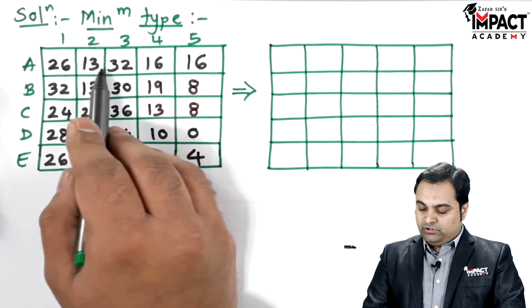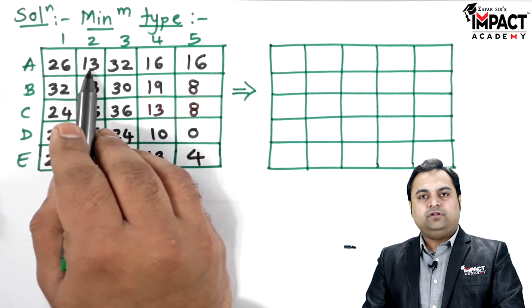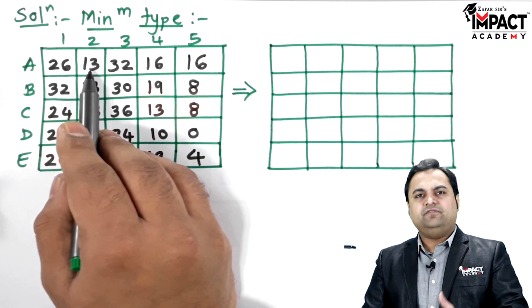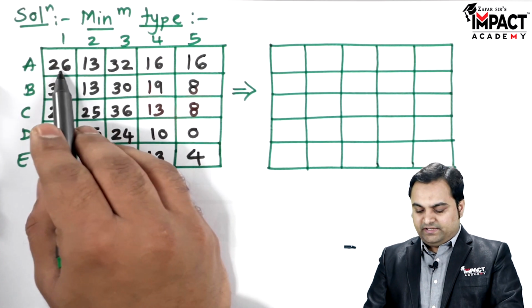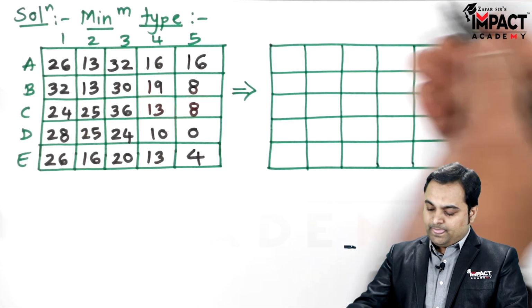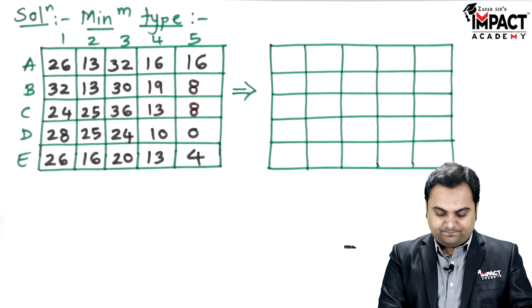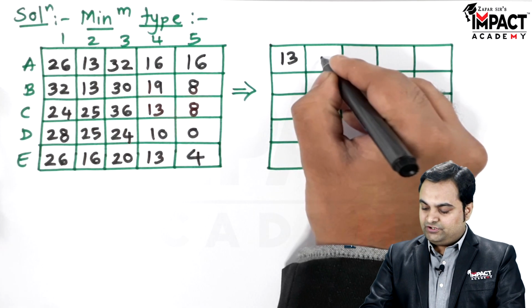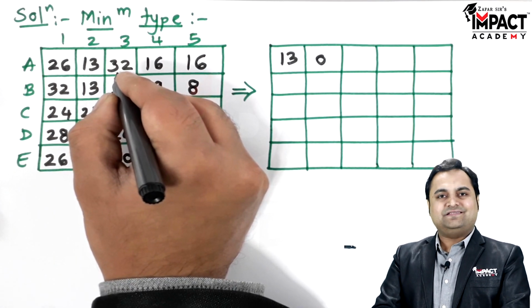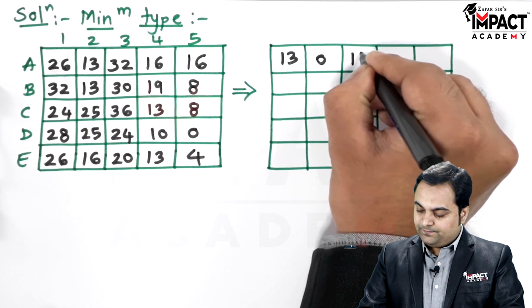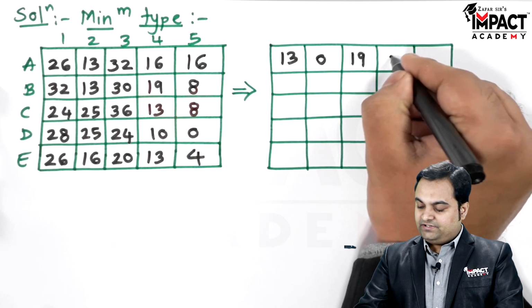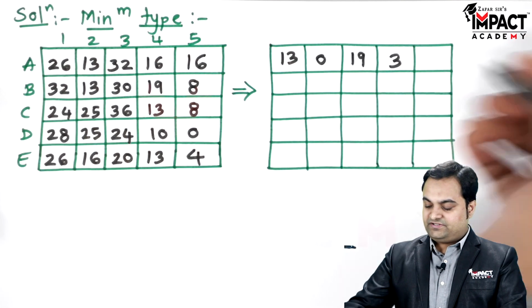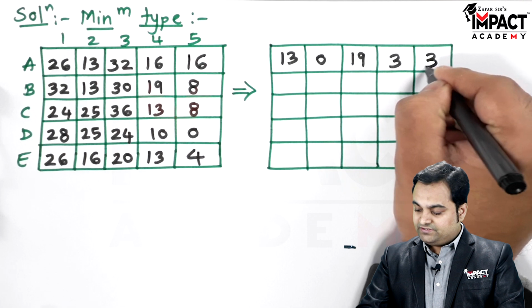In the first row the minimum element is 13, so subtracting 13 from each of the cell values, like 26 minus 13, that is 13. Then 13 minus 13, which is 0. 32 minus 13, which is 19. 16 minus 13 is 3. Similarly, next 16 minus 13, that is 3.